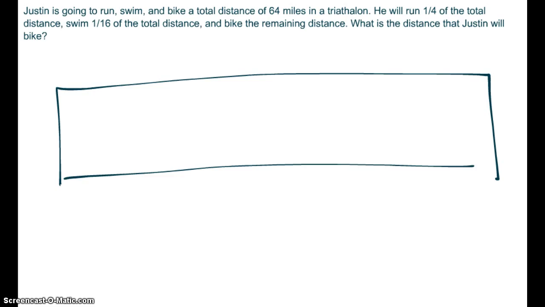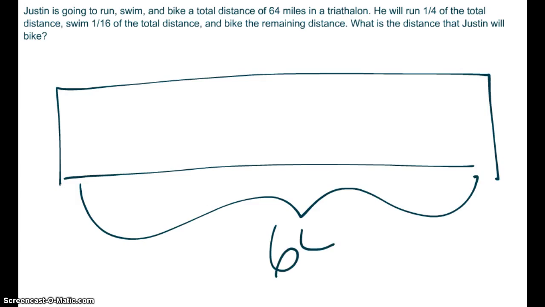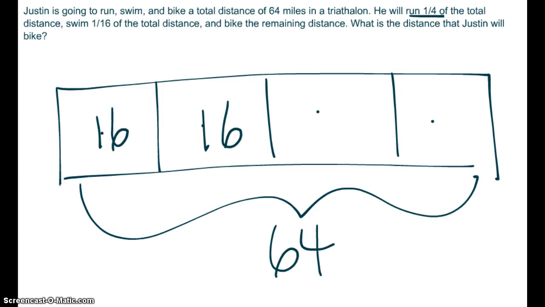All right. In this situation, there are many ways to solve this, but we know that Justin is going to bike, swim, and run a distance of 64 miles. So all of this is 64. He's going to run a fourth of that. So if we took 64 and split it into 4 pieces, how much would be assigned to each of those pieces? 64 divided by 4 is 16.